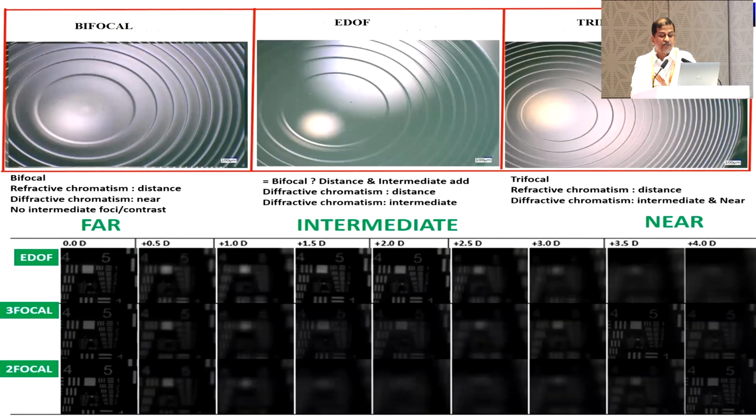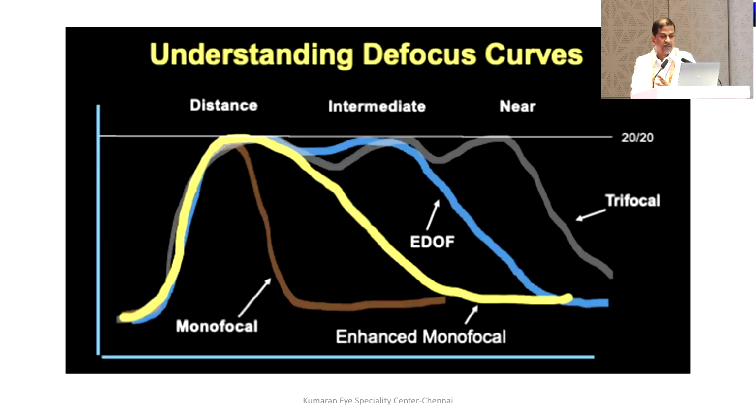So this is the MDF chart which shows that in EDOF the intermediate is more prominent, in a trifocal all are good but to a certain extent, and in a bifocal the near is much better than the intermediate ones. So this chart, the defocus curve, actually summarizes my entire talk, which shows that all are quite good, but the enhanced monofocal's depth of focus is not as good as the EDOF.